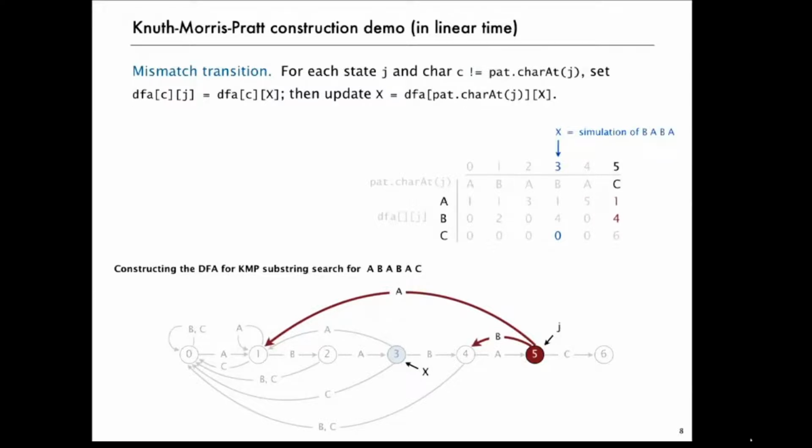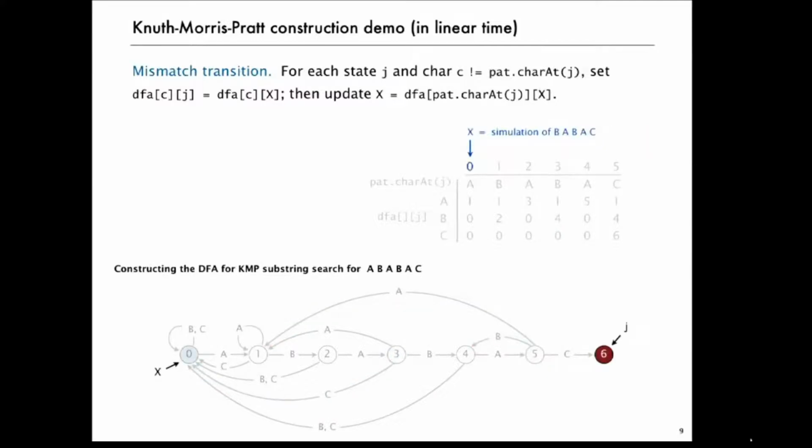And then when we do C, and get the accept, that's where we would update X to get ready. And we get state 6. We're done. And again, as a double check, X is where you'd be if you saw B, A, and A. That's the construction of the new DFA.